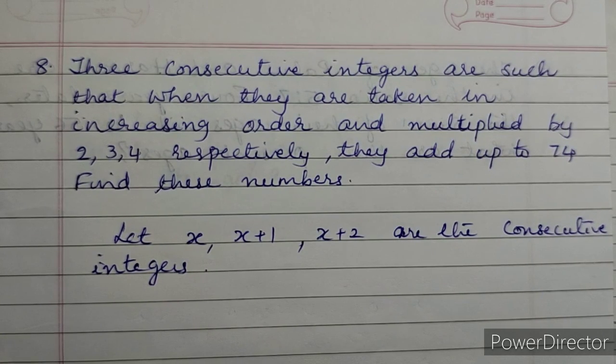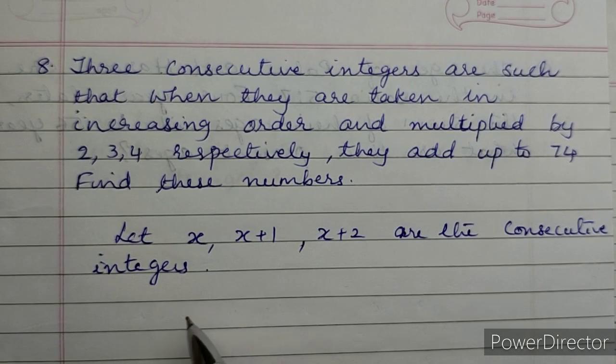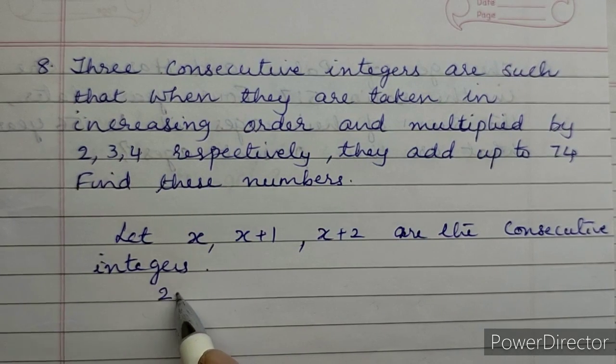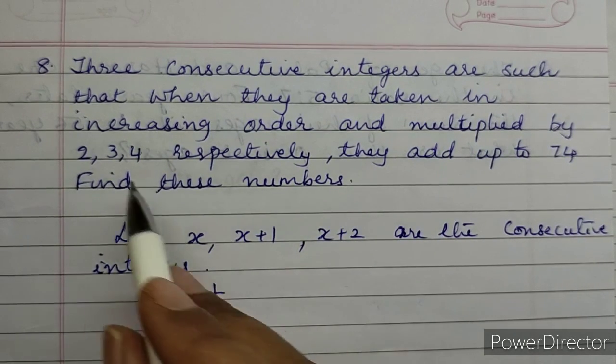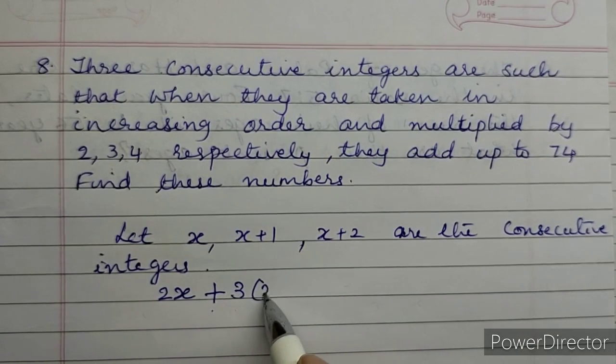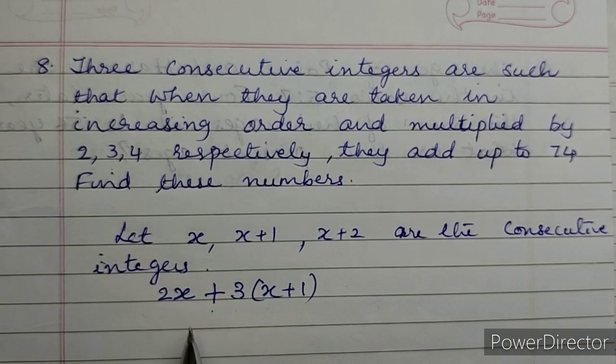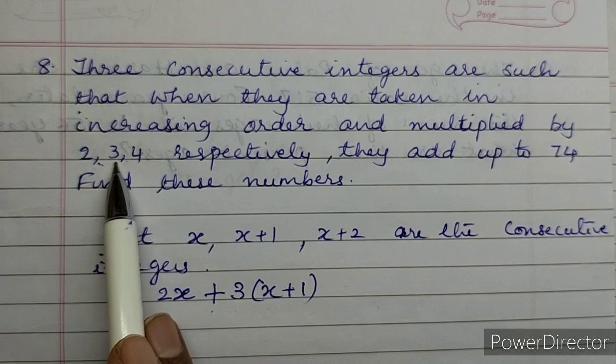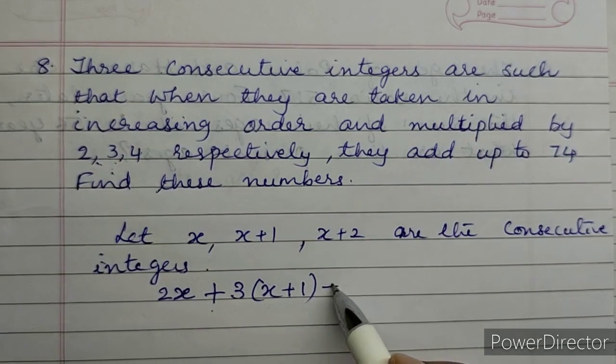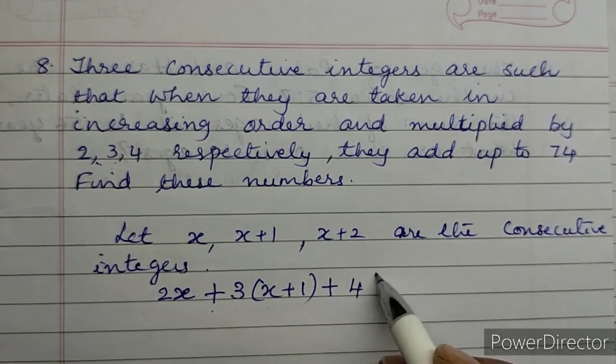Find these numbers. Now you will multiply with 2, 3, 4 respectively. So first number with 2, that is 2x. Then sum, that means total, plus 3 into x plus 1. First number with 2, second number with 3, add it, and third number with 4.